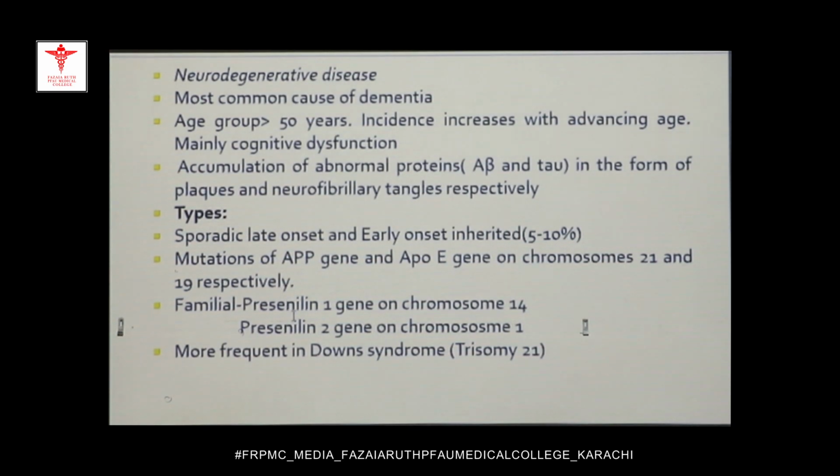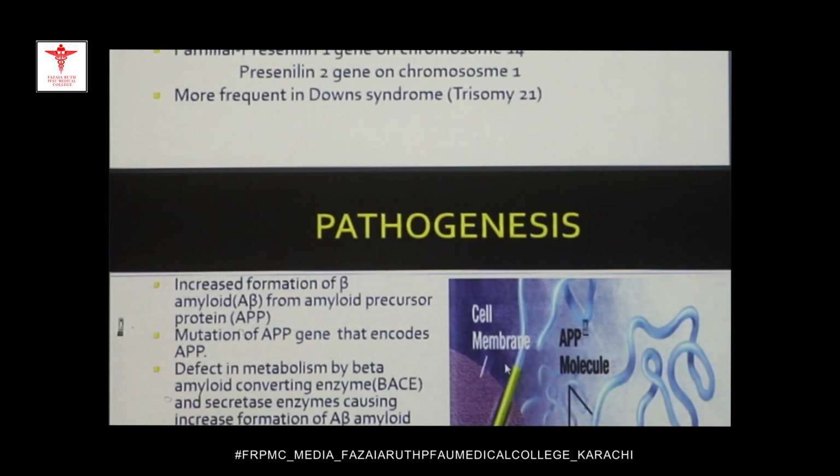And the genes involved are in fact presenilin 1 gene on chromosome 14 and presenilin 2 gene on chromosome 1, which is concerned with the familial type of this. Now, it is more frequently seen in Down syndrome because of the trisomy 21, because there is extra copy of chromosome 21.